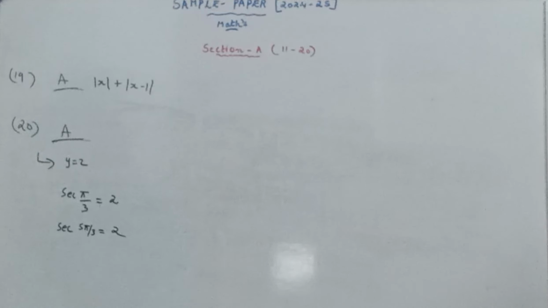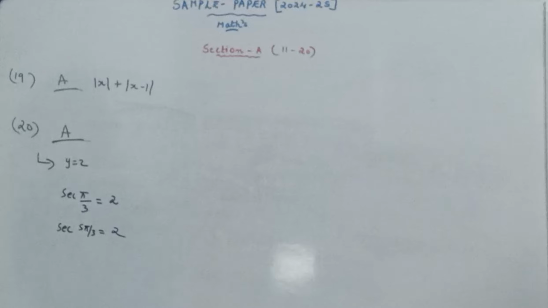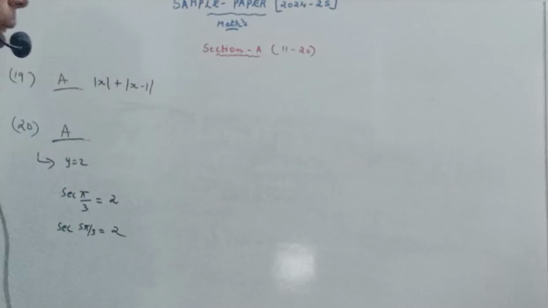Now if you see the 20th one, the function defined by f of x is equal to sec x is not defined in its domain. It is given from minus infinity to minus 1 union 1 to infinity. And the reason is the line y is equal to 2 meets the graph of the function at more than 1 point. Yes, we know f of x is equal to sec x.